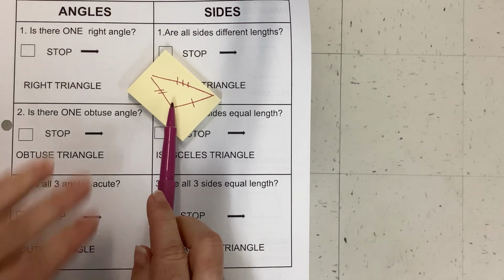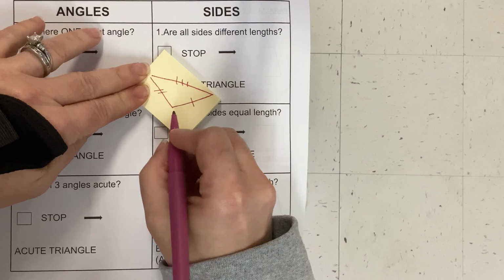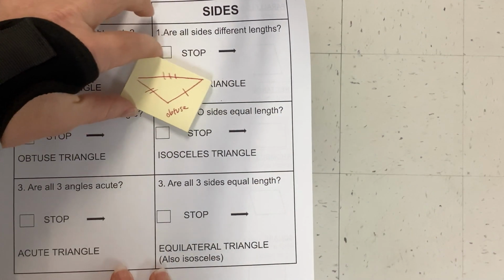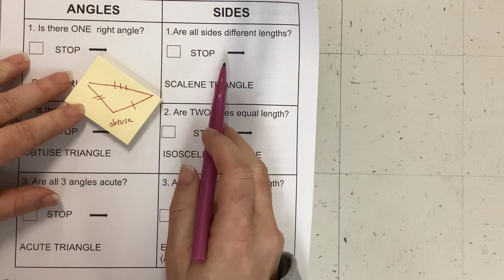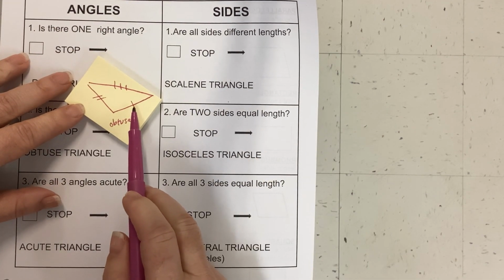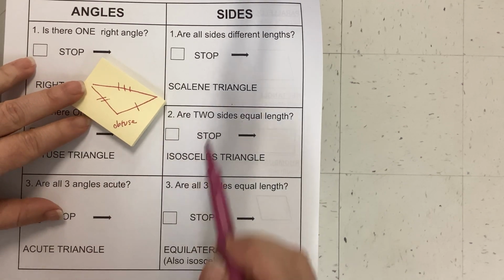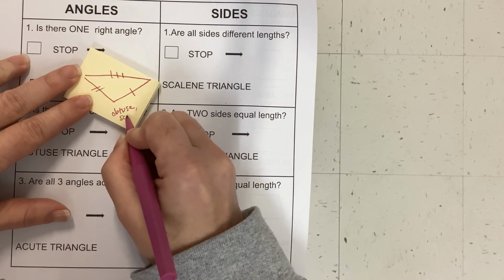Yes, this angle right here looks like it is wider than 90 degrees, so I'm going to stop there and say this is obtuse. And then I'm going to look at the side lengths. Are all sides different lengths? Judging by the hash marks, I've got 1, 2, 3. Yes, those are different. So this is going to be labeled an obtuse scalene triangle.